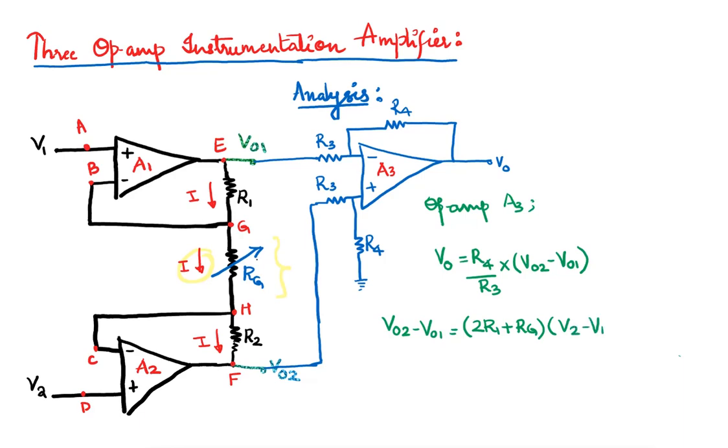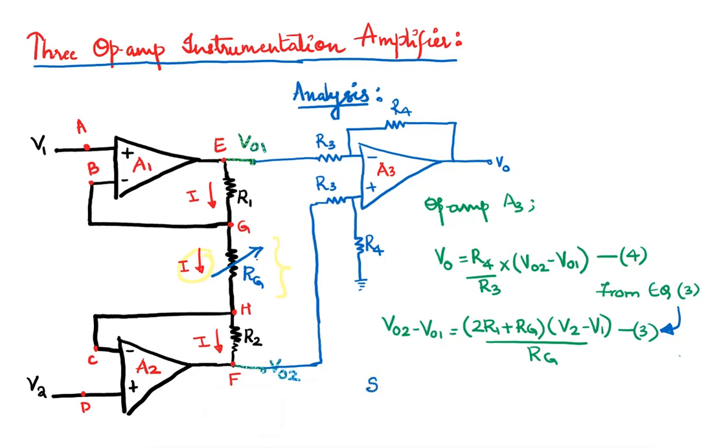And V out 2 minus V out 1 will be equal to V2 minus V1 into 2R1 plus Rg divided by Rg, which I am going to denote as equation number 3.